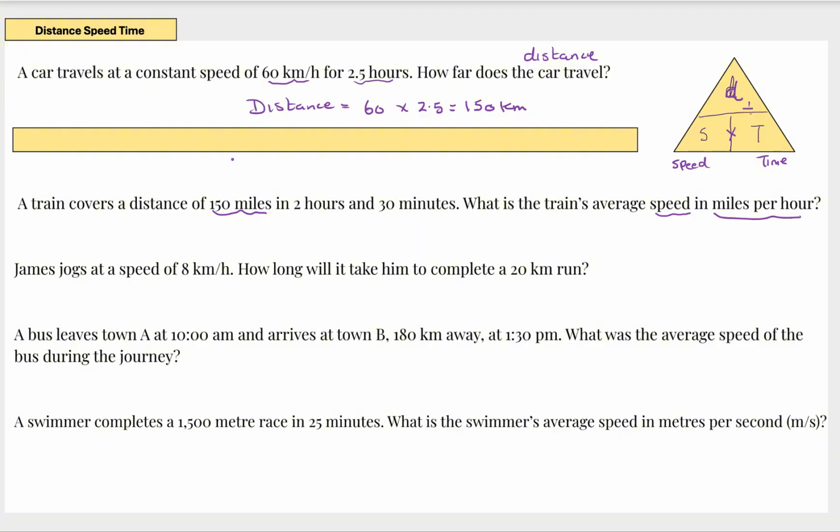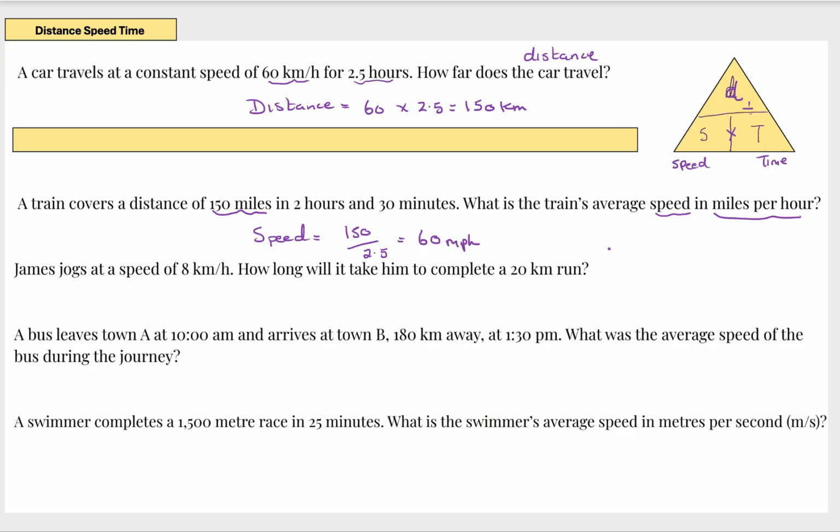So I'm just going to do speed equals our distance, which is 150 miles, divided by 2 hours 30 minutes, which we know as a decimal is going to be 2.5. Pop that in your calculator and the answer is 60 miles per hour. So that's the answer to that.